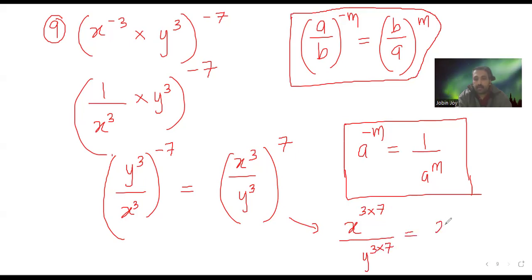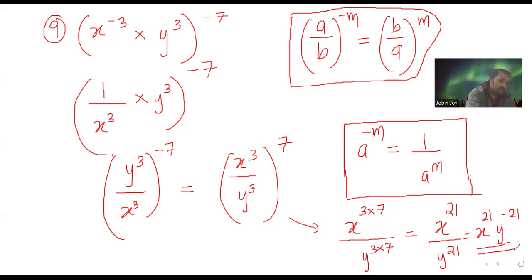What is 7 into 3? 21. So x raised to 21 divided by y raised to 21. I will move this 21 to the numerator, so y raised to minus 21. So what is the final answer? x raised to 21 into y raised to minus 21.